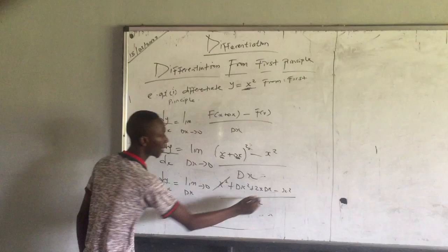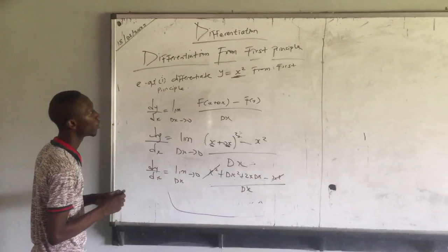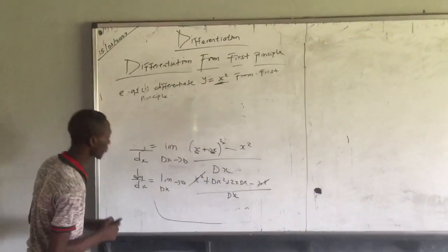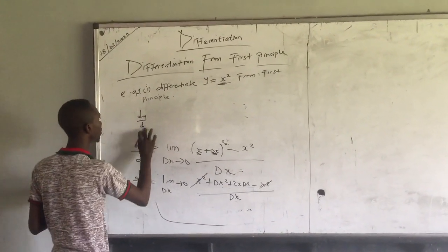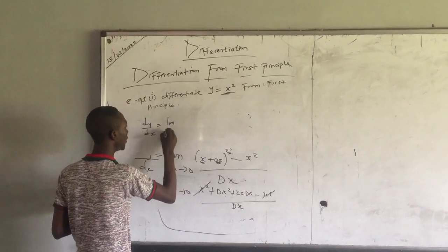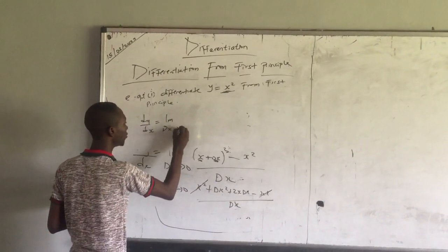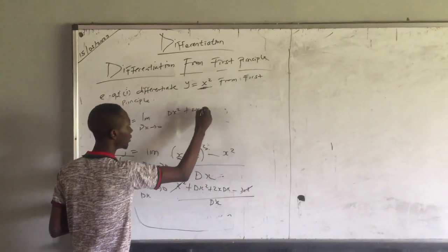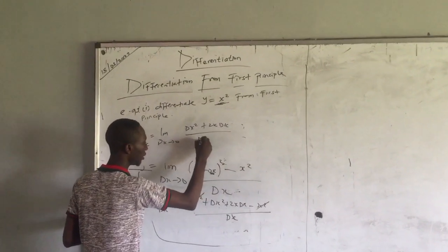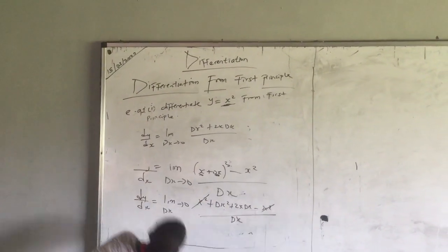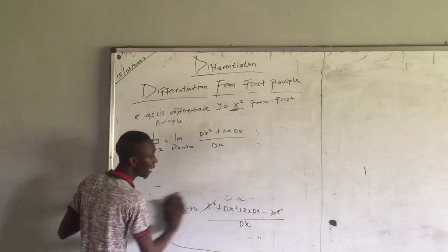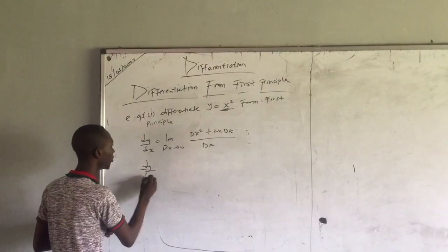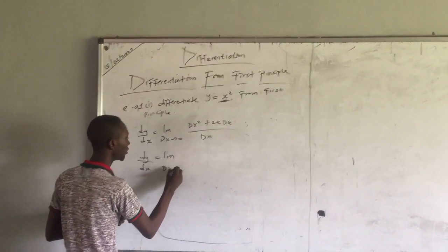Now take note, x squared can cancel x squared. So therefore we are left with dy/dx, the limit as dx tends to 0, of dx squared plus 2x dx over dx. Now we will simplify this equation, we will bring it down. So it becomes dy/dx, the limit as dx tends to 0.